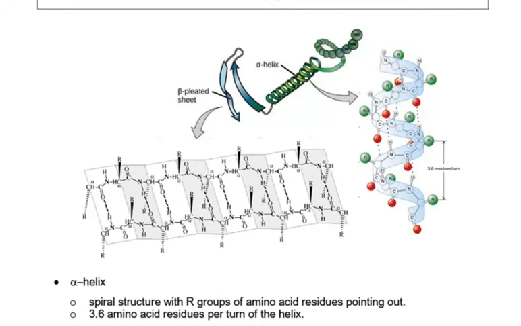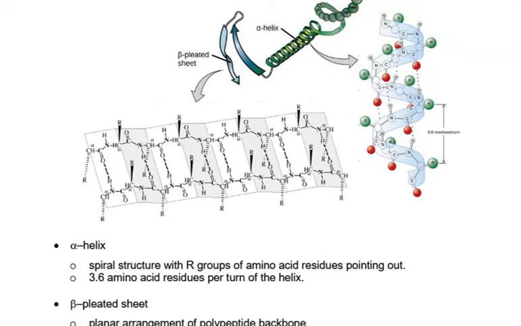In both the alpha helix and beta pleated sheets, the primary structure of the protein folds back on itself, and it's held together by hydrogen bonds between the carbonyl in one part of the chain, the C double bond O group, and that hydrogen bonds with the NH of the amide peptide link in a different part of the primary structure.